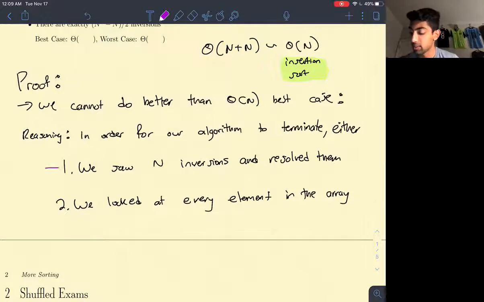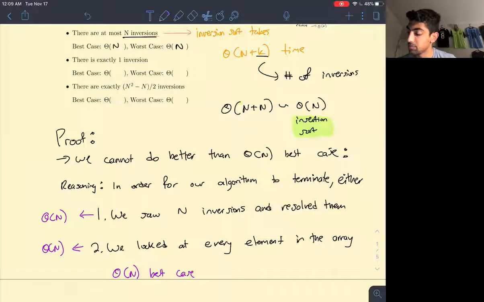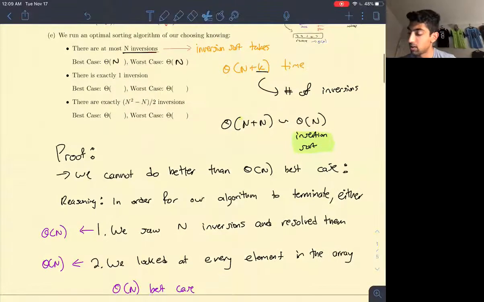And what we'll realize is that in either possibility, we will be doing n work. So in either case, for any sorting algorithm, we have to do at least n work. So we see that theta of n is the best case. Nice, that's pretty cool. So let's move on to the next one.